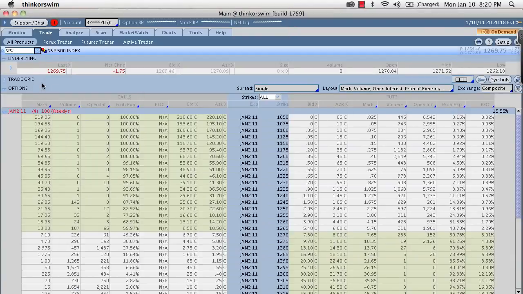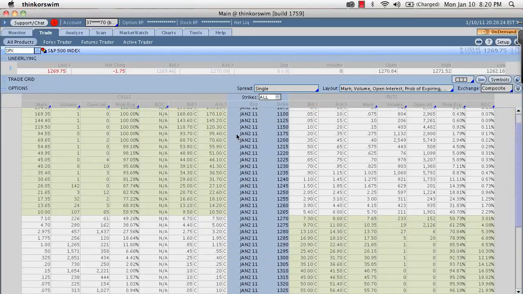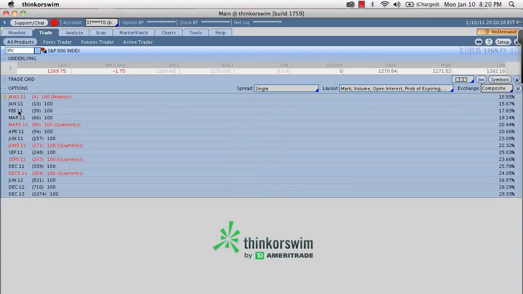Here's my Thinkorswim platform, and I can only show this for those of you who understand it, but follow along with me. Weekly options are available on most of the major indexes. The SPX is one of them, and you can see that they're clearly marked here.